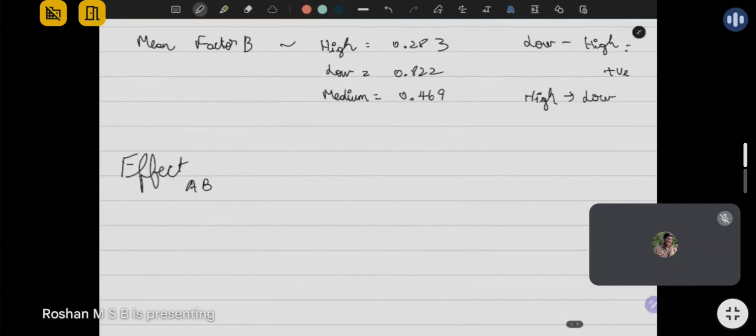So the first thing you have to do is calculate the effect for all the nine individually. For low-low, low-medium, low-high, and so on. First thing you want to do is low.